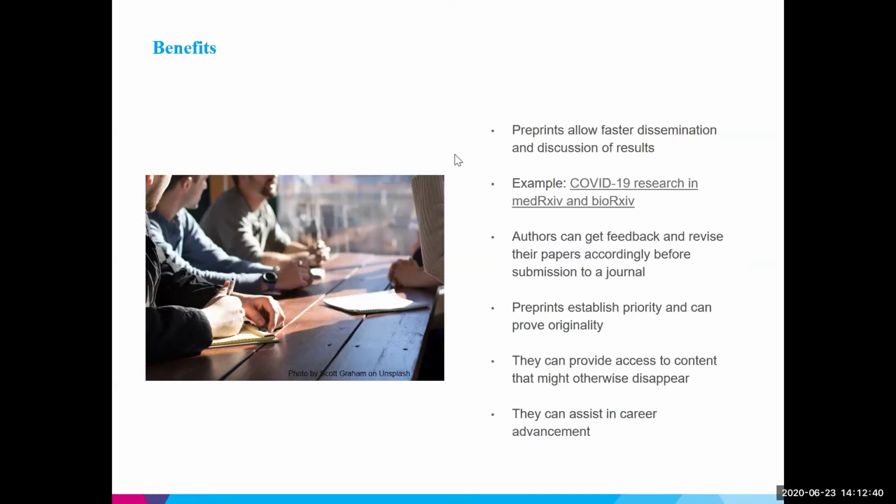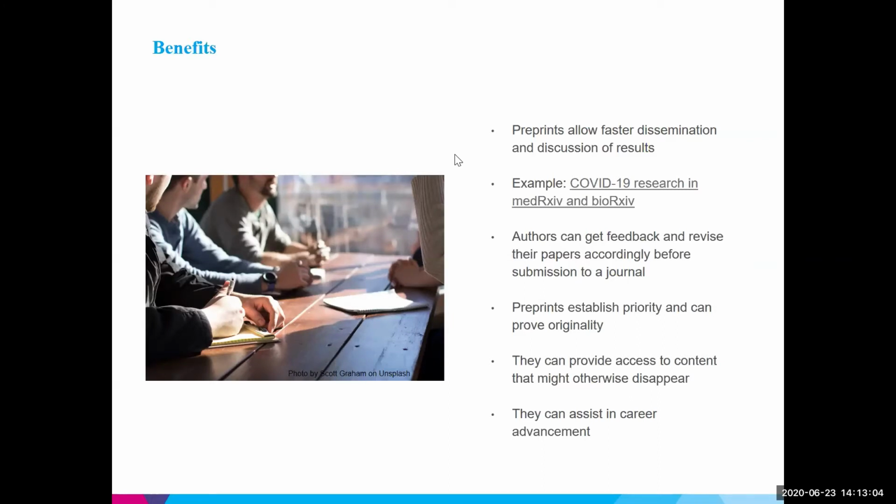And lastly, they can assist in career advancement, particularly for early career researchers. A lack of a really big body of research can be an obstacle for grant applications or for academic advancement.